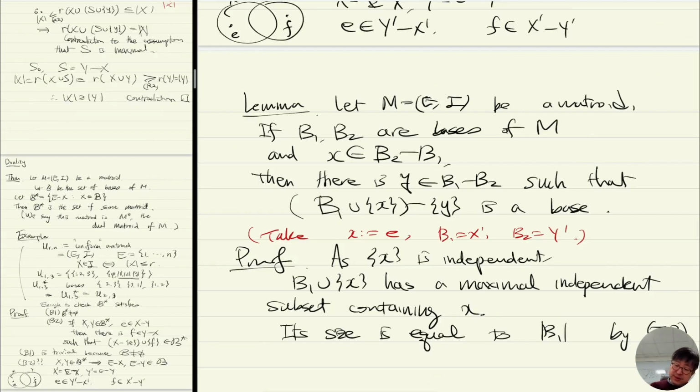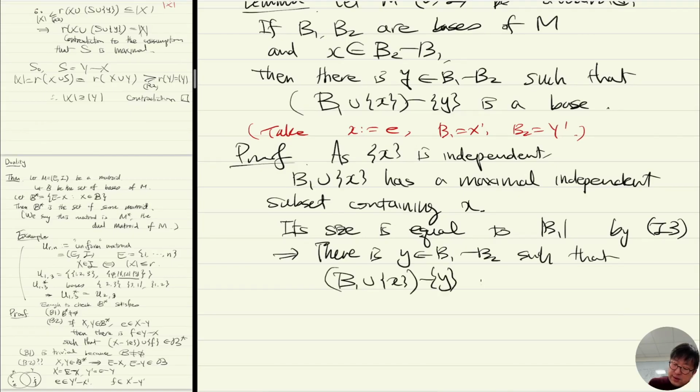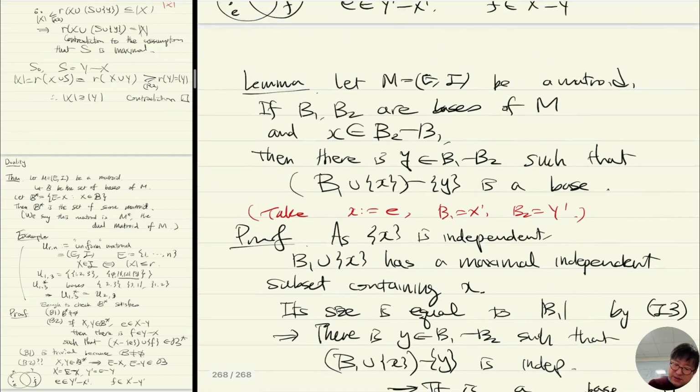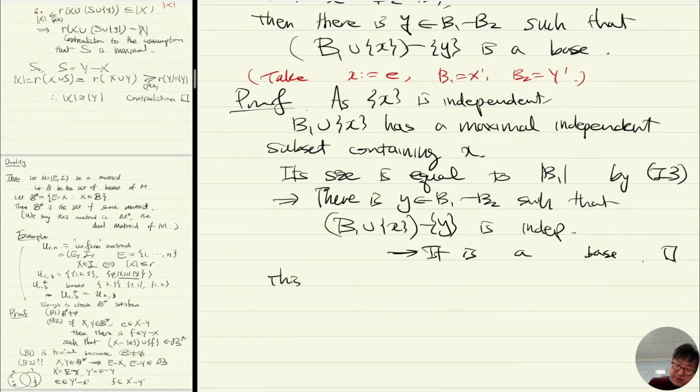So that means there is y in B1 minus B2 such that B1 union x minus y is independent. So it is a base. So this lemma proves the theorem.